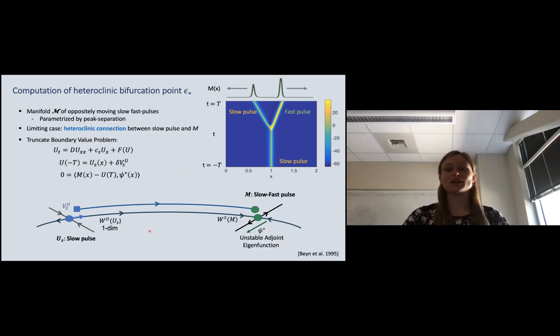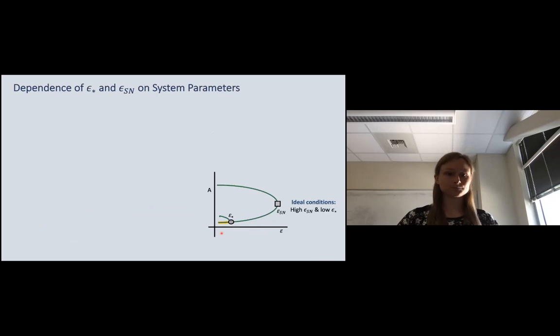And also, I should say that this epsilon star, this bifurcation point, is a free parameter in our system. And because of the dimensions of these unstable manifolds on each side, it only exists for finite values. So we're going to be able to find that epsilon star exactly. All right, so what we want to do then is understand how this bifurcation point depends on those system parameters.